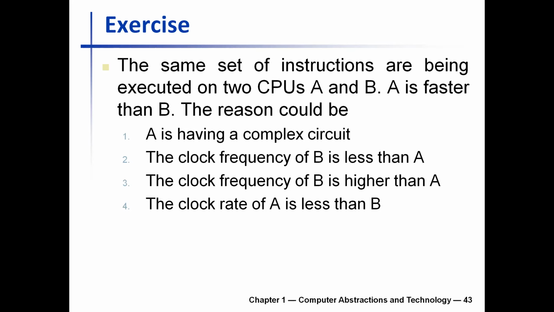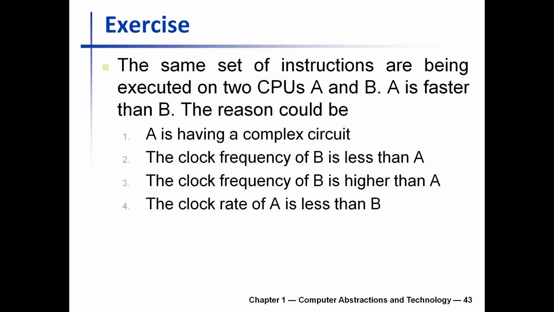So that situation can happen, right? B using a faster clock, A using a slower clock, but A still completes the work fast. That situation could theoretically happen, but the fast clock rate of B is not the direct reason why A is faster.